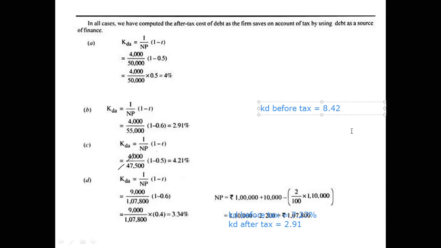Yes, sir. Good. Now, anyhow, the cost of debt after tax value is given here. Cost of debt after tax is written like this.